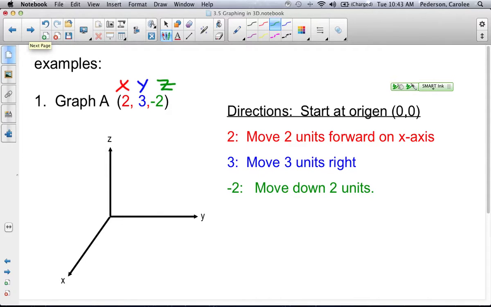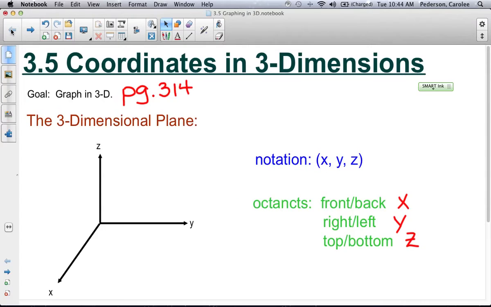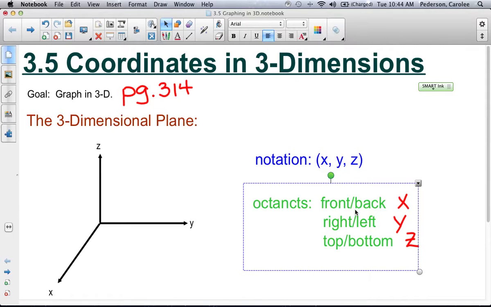And I did type up the movements so you can kind of see how it works. Remember back to that first slide, depending on if it's a positive or a negative. So if we look at this first slide again, we're working on these octants right here.